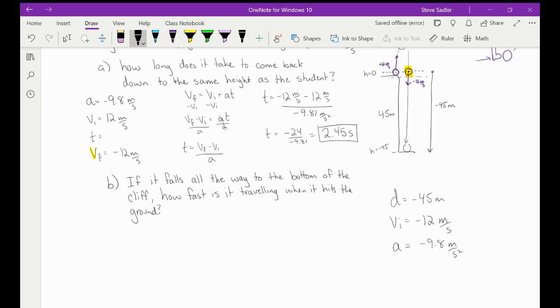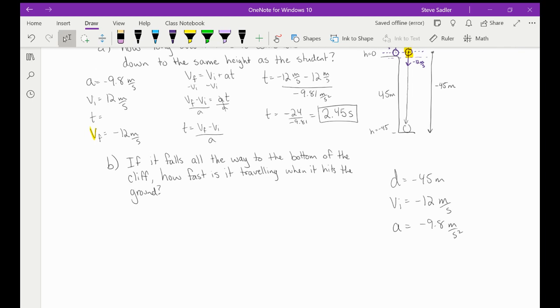And we are looking for how fast is it traveling when it hits the ground. We are looking for the final velocity. So if we're looking for Vf, we have A, Vi, and D, we can use V final squared is equal to V initial squared plus 2AD.